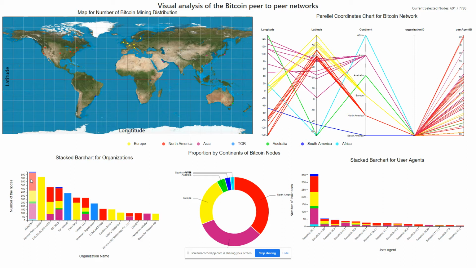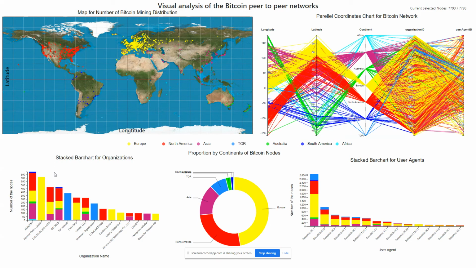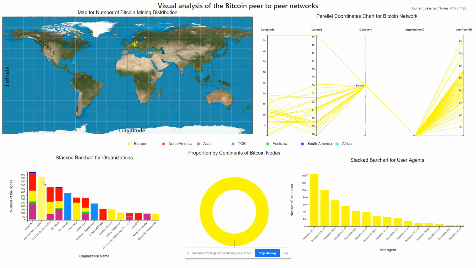So it's quite interesting, and even more interesting that it operates across many different continents. However, we can also see a different player like Hetzner Online. It not only operates in the US, but also in Europe, and accounts for quite a sizable amount of nodes.